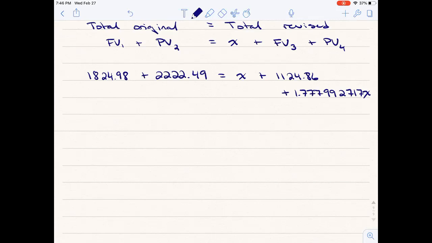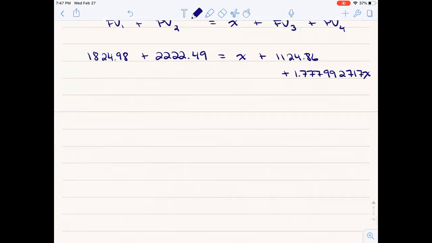So what we have, right, is, on the left-hand side, we can just add those up and we have a number, right? So let's do that. I get 4,047.47. And on the right-hand side, I've got x plus just the number plus some other value of x, right?